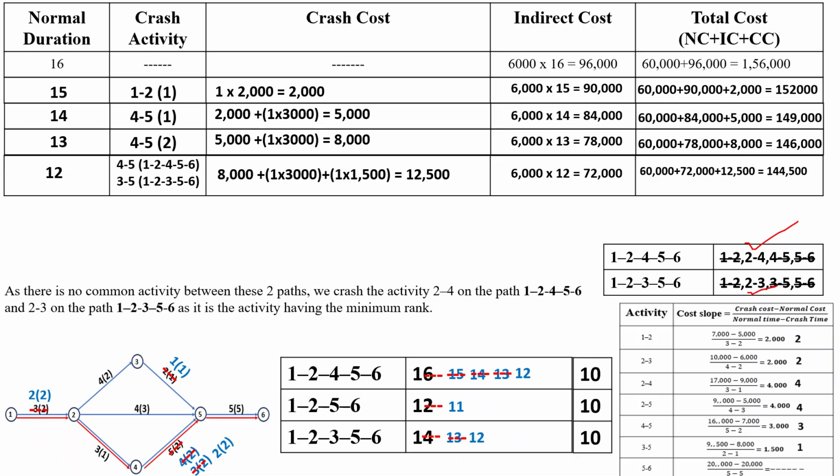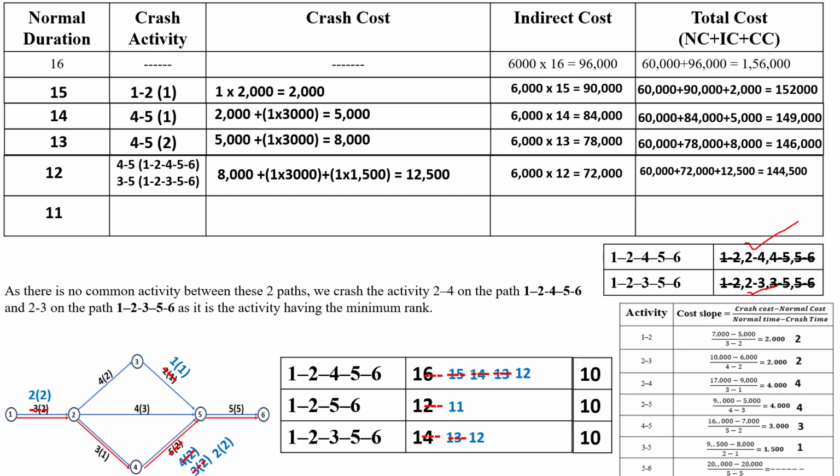As there is no common activity between these two paths, we go for crashing activity 2 to 4 on path 1, 2, 4, 5, 6 and 2 to 3 on path 1, 2, 3, 5, 6, as they have the minimum cost slope. So I go for crashing for 1 day, then the duration will become 11 days, crashing activity 2 to 4 on path 1, 2, 4, 5, 6 and activity 2 to 3 on path 1, 2, 3, 5, 6.